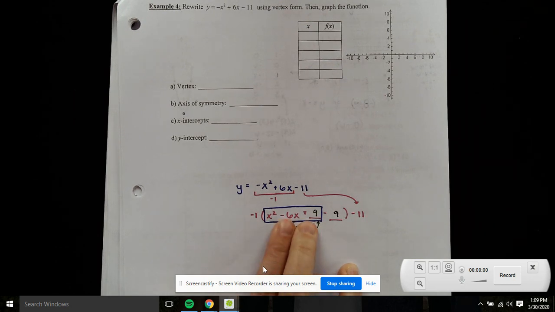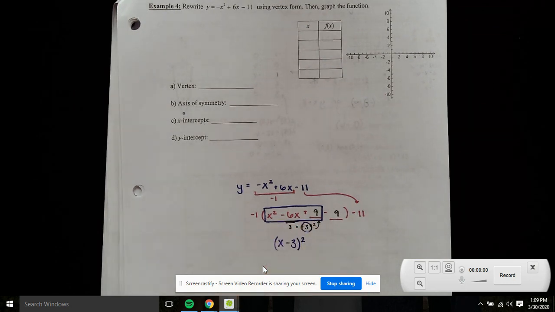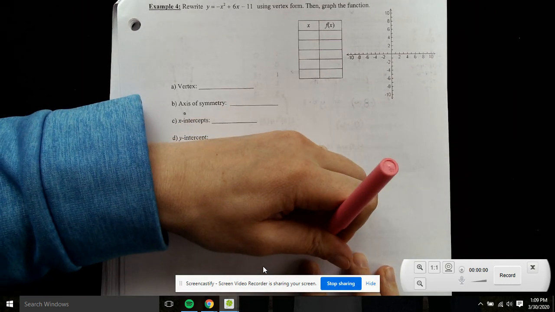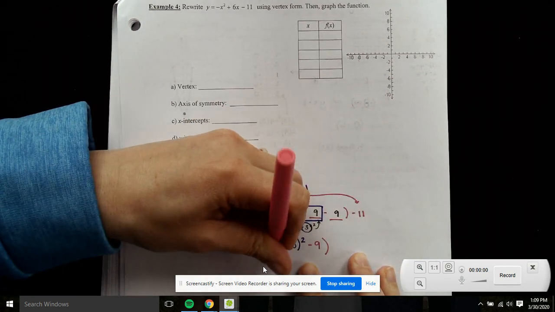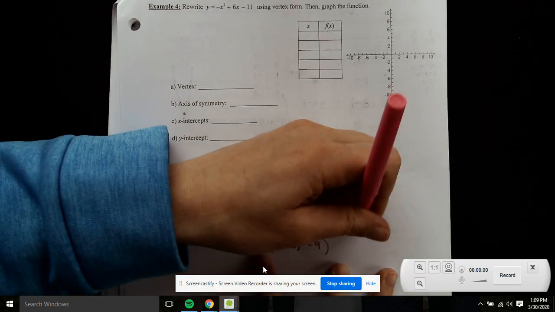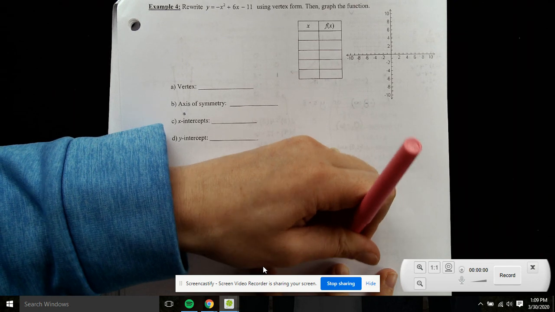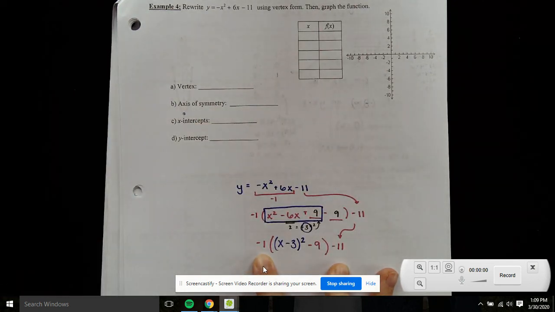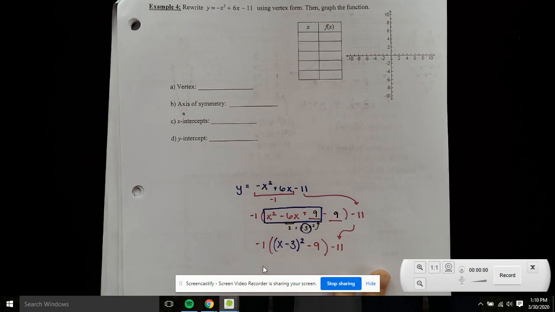So I have x minus 3 squared minus 9. All of that is in parentheses with a negative 1 out in front. And this negative 11 is still traveling. So this whole set of parentheses transformed into x minus 3 squared minus 9.